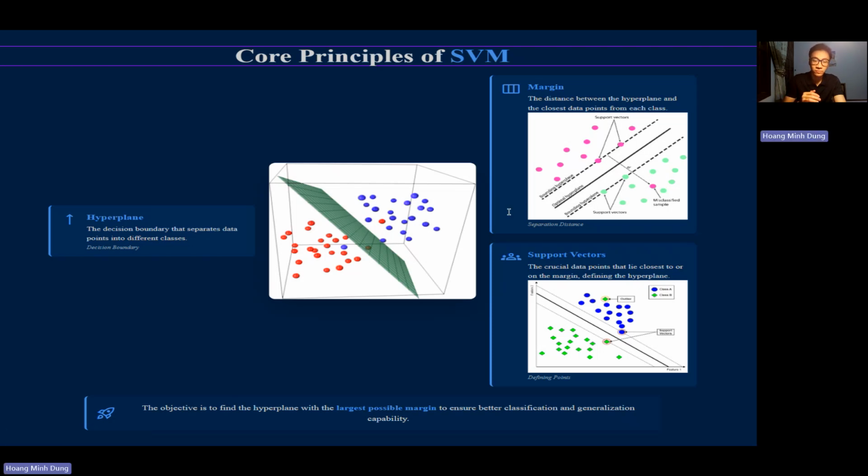The support vectors are the most crucial data points in the dataset. They are the points closest to or on the margins, and they are the only points that define the hyperplane position. The main objective of the algorithm is to find the hyperplane with the largest possible margin, which helps the model generalize better to new or unseen data.